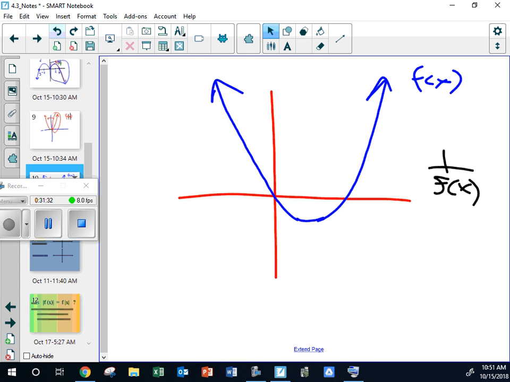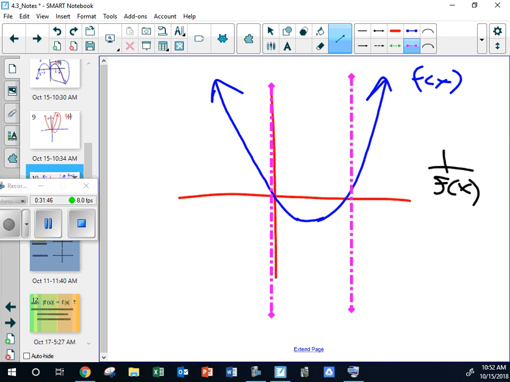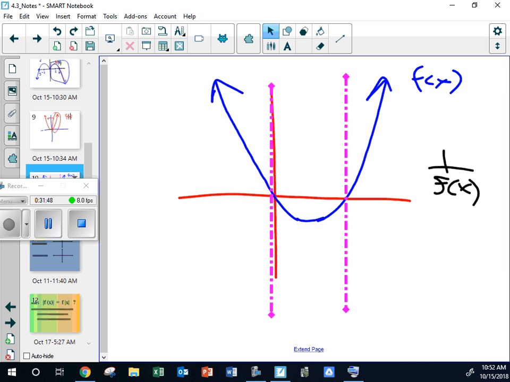Do you remember the asymptote spots? That's when the function was equal to 0, and you can't do 1 over that, right? So here and here, I missed them a little bit. I'm going to move them over. My alignment's off. There's asymptotes there.